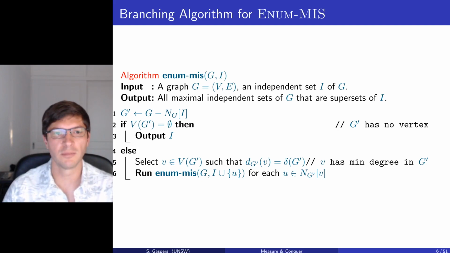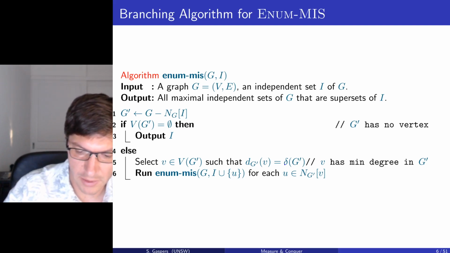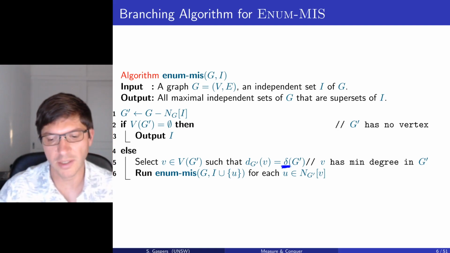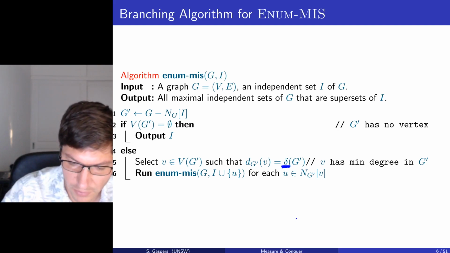Now, if G prime has no vertices, then we cannot add any more vertices to the set I, so we output I. Otherwise, we select some vertex in G prime, and we select one where the degree of the vertex in G prime is minimized. So we select one where the degree is equal to the smallest degree in G prime. And that's our vertex V.